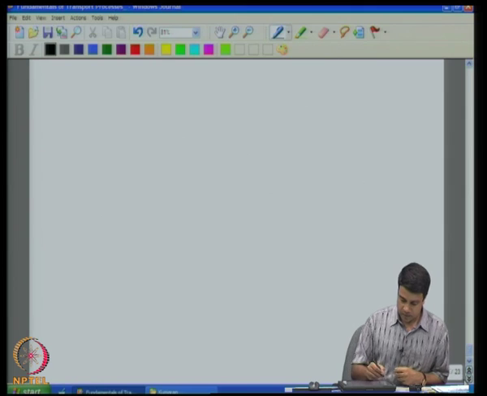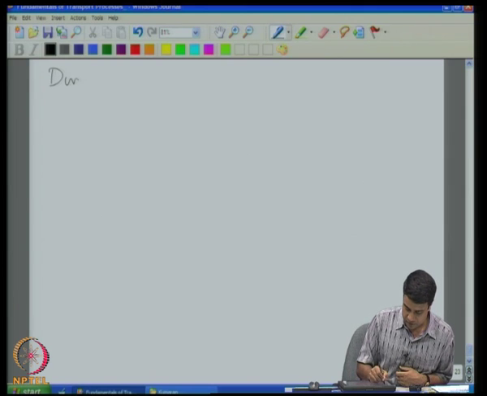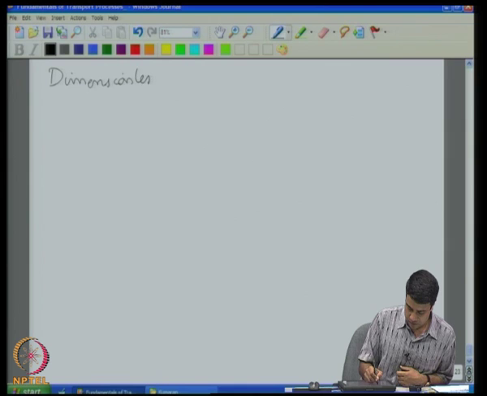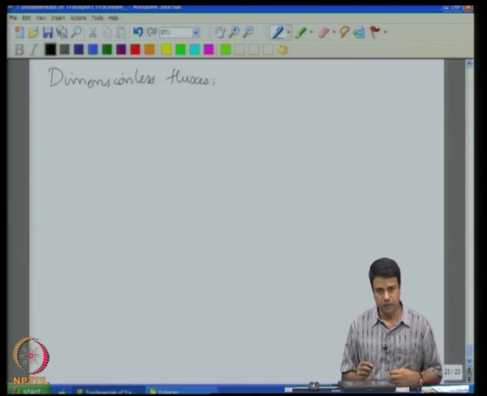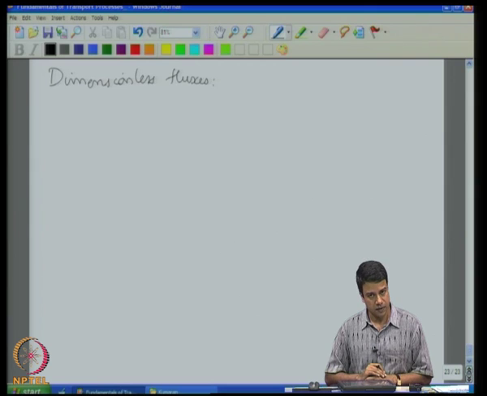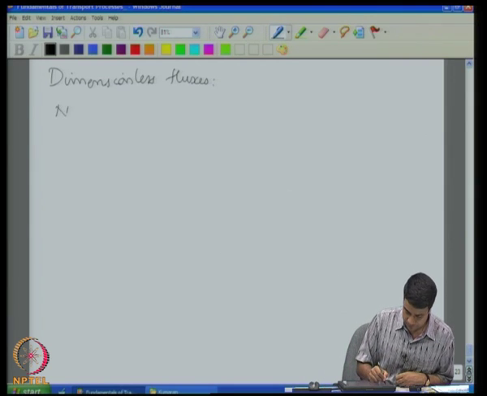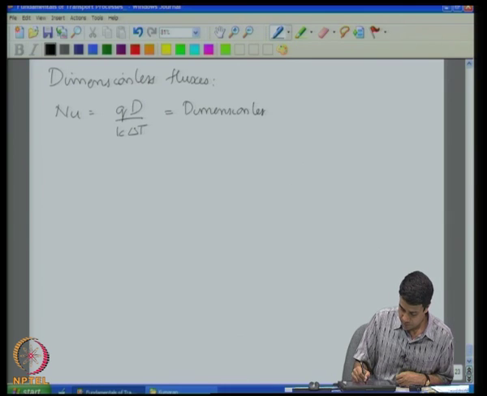There are other numbers which are dimensionless fluxes. We have already seen two of those. The first was the Nusselt number, which was q d by k delta t, a dimensionless heat flux.